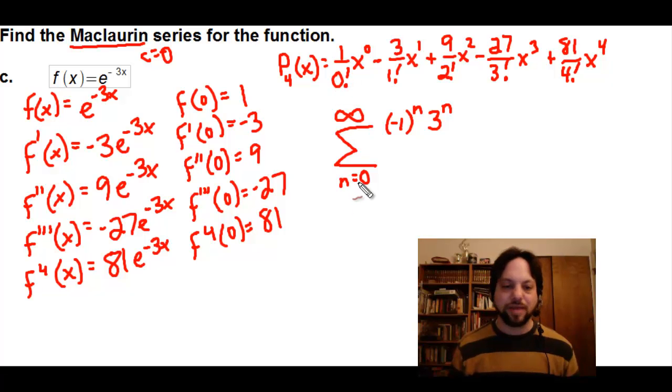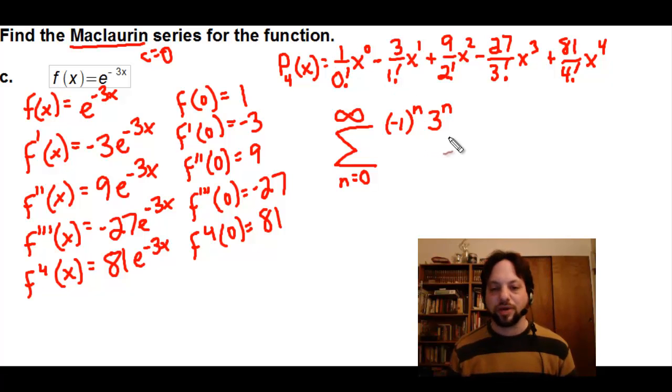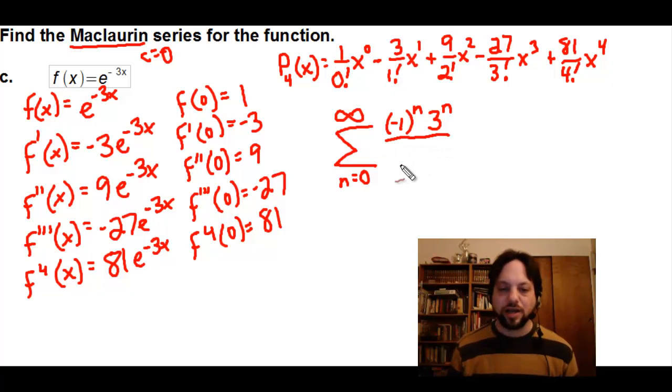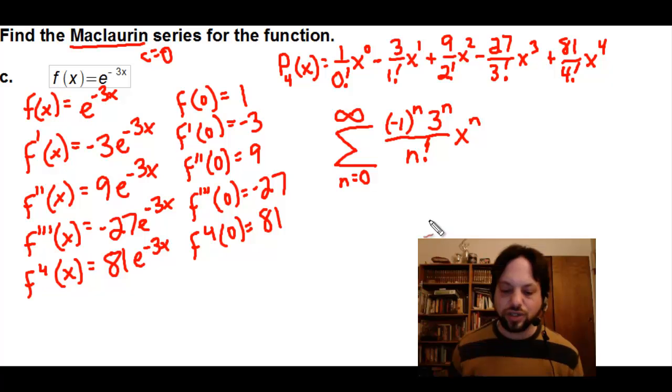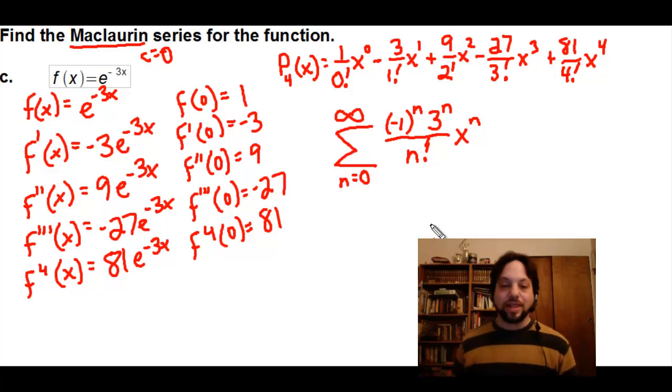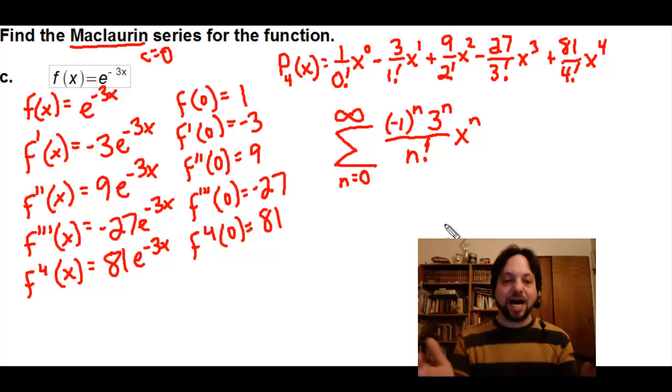For my first term, n is 0. And if I plug in 3 to the 0 power, certainly that does give me 1. So that works out for my first term. In the denominator, looks like I'm just going to have n factorial. That's clear. There's my 0, 1, 2, 3, 4, and so on. And then I will just have x to the nth power. So that really is my entire Maclaurin series.